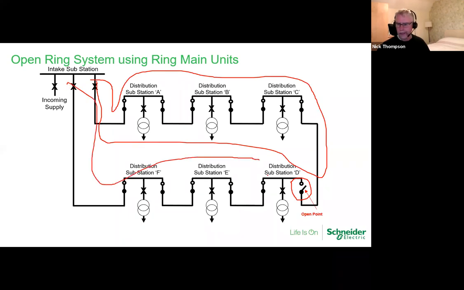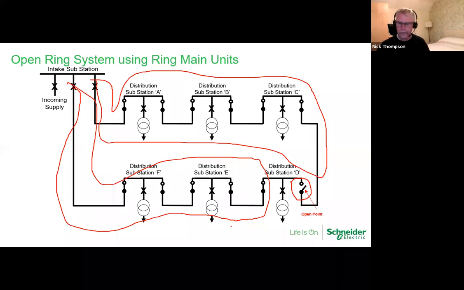So, as it says there, it is two radials, commonly known as an open ring. Now, this is the most typical network you will find operationally, not only with utilities, but also in private networks as well. It's simple to install, simple to operate, and it is also the most cost-effective when we compare against the next network, which will be a closed ring.